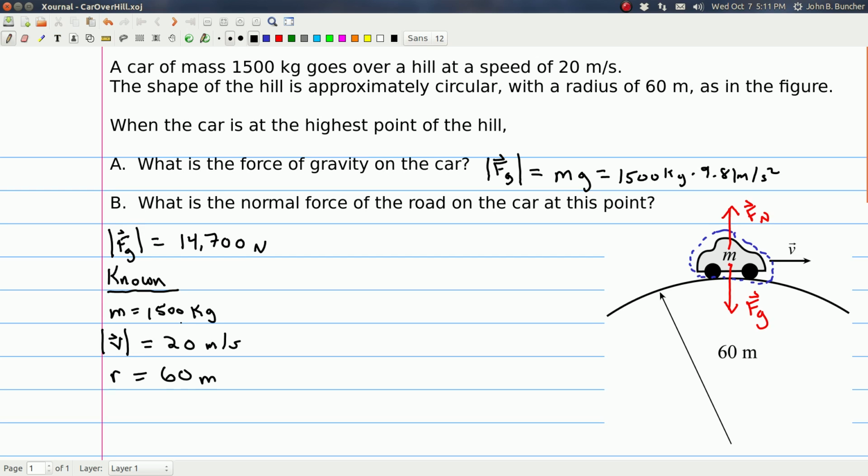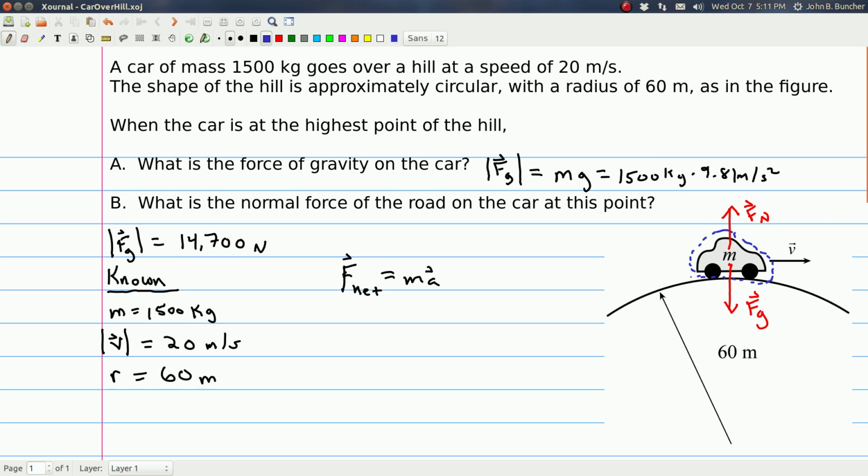So we want to look at the normal force. So we know we're going to use Newton's second law. So we've got F net equals ma. If I'm going to use Newton's second law, I better pick a pair of axes. Now normally we might pick the y direction to be upward and the x direction to be to the right.